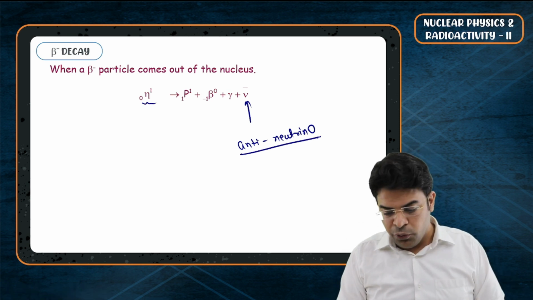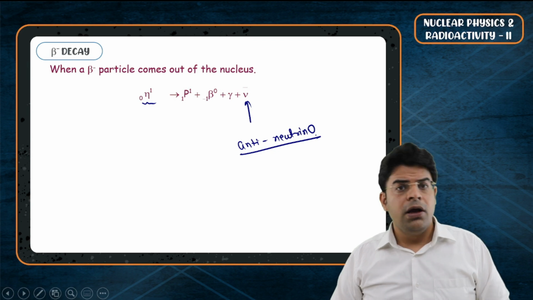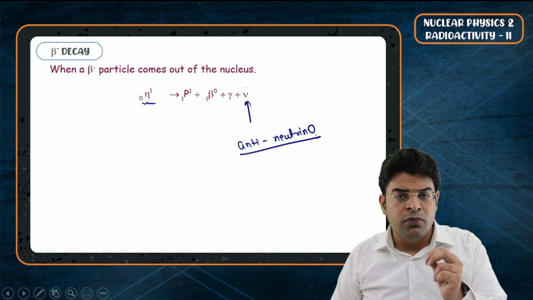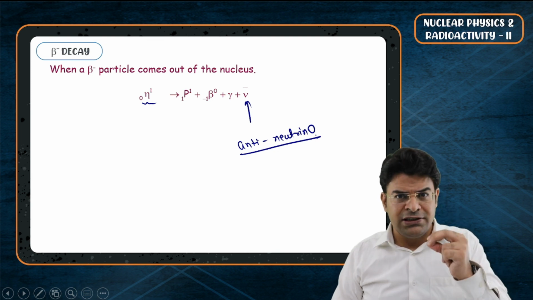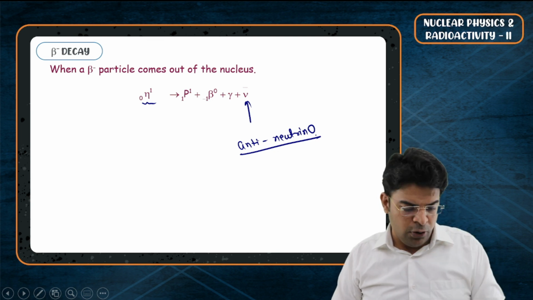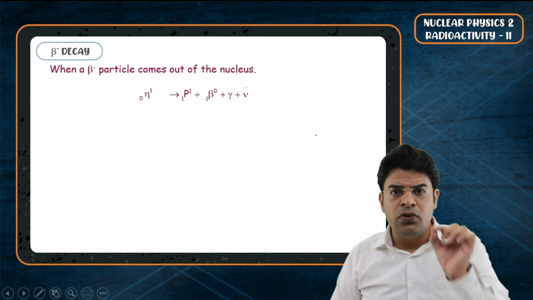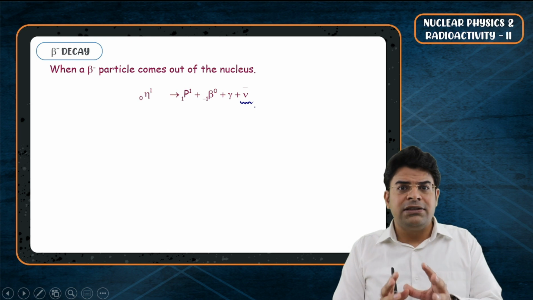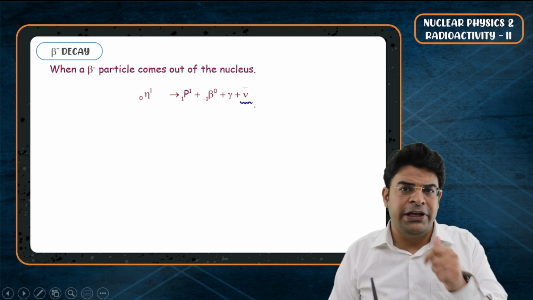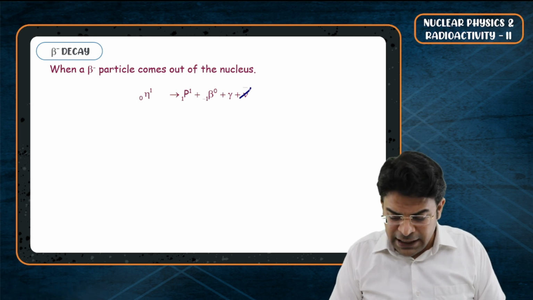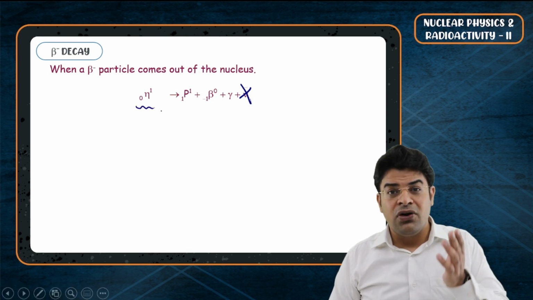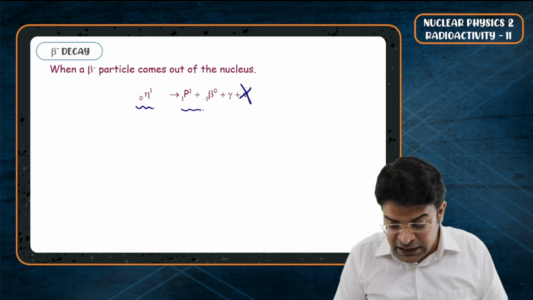an antineutrino is born. Why have we placed this particular antineutrino here? What is its property? What is its nature? We are not going to talk about it. I'm going to tell you only one thing, that it was first placed here to balance a particular thing called spin. If we do not place the antineutrino, then the spin on the left hand side of the equation is not equal to the spin on the right hand side of the equation.